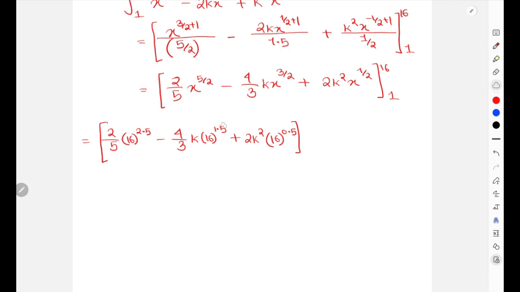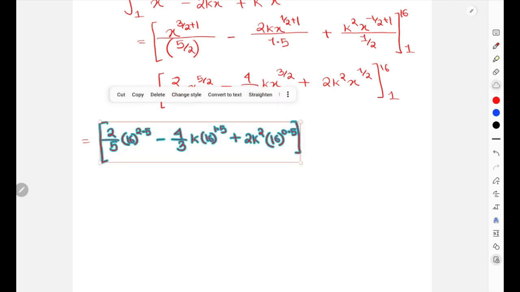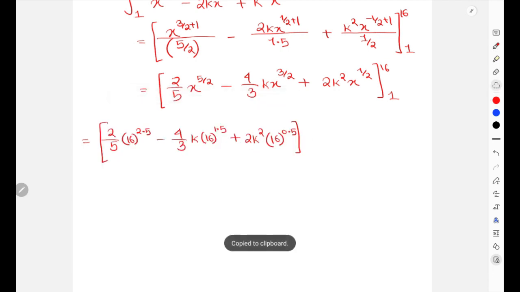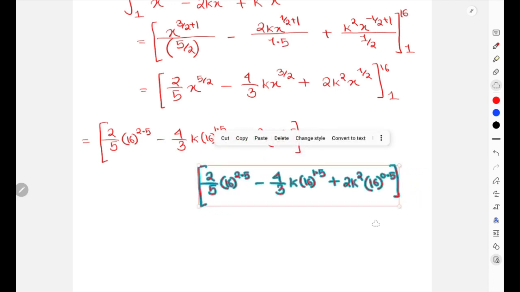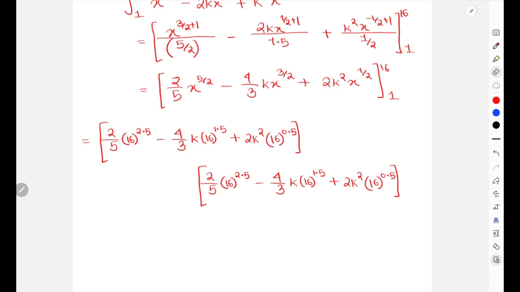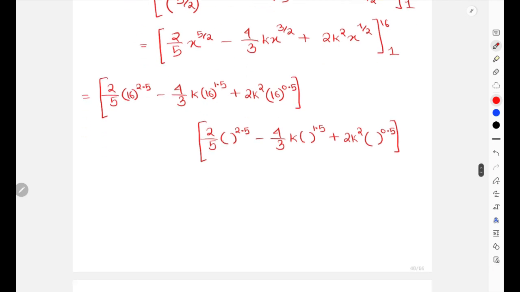And then after this, same expression will be copied, but the value for your x input will be changed to 1. This is 1, 1, and 1.